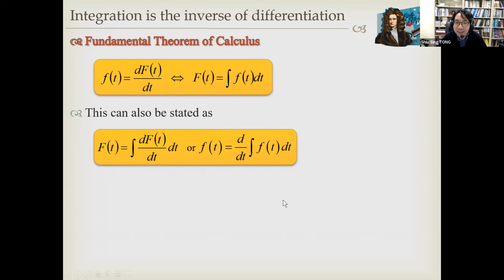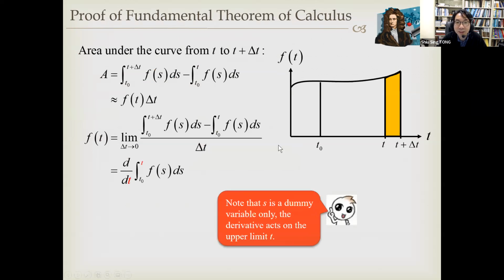Now let's try to have a proof of the fundamental theorem of calculus. We need to be very careful in the proof. We need to understand the integration well in order to do the proof. And the safest way to do so is to start with a definite integral, because the definite integral, we know what it means.